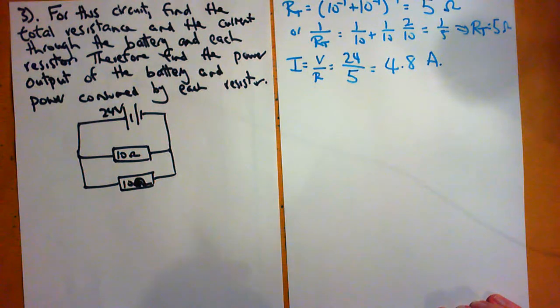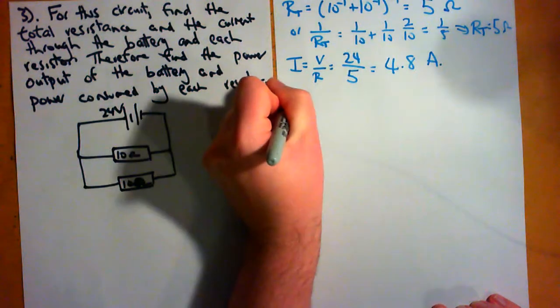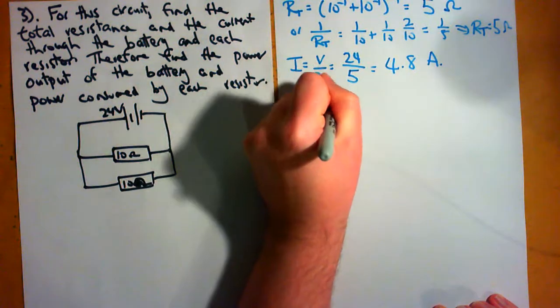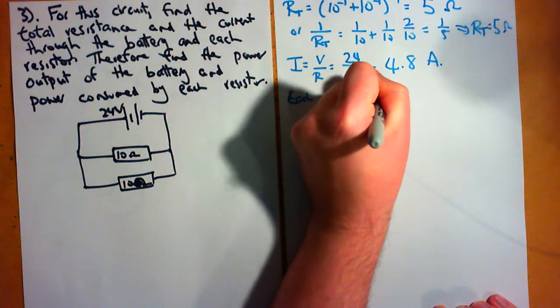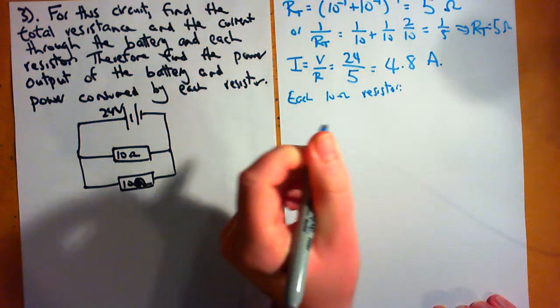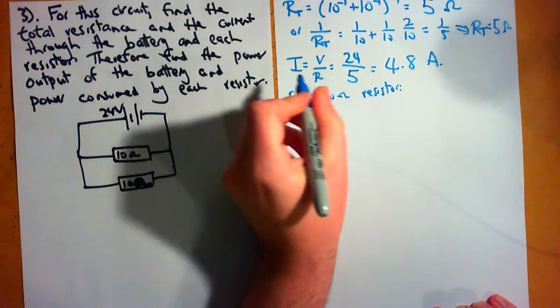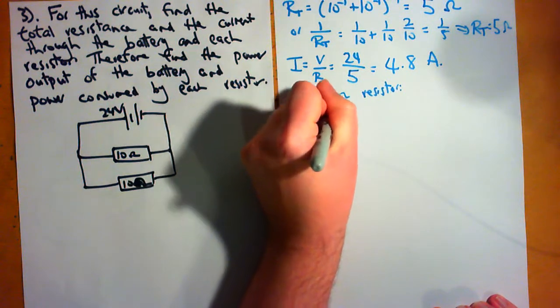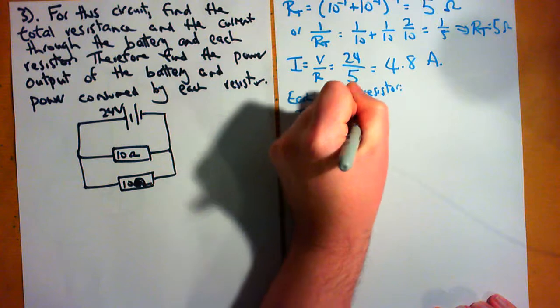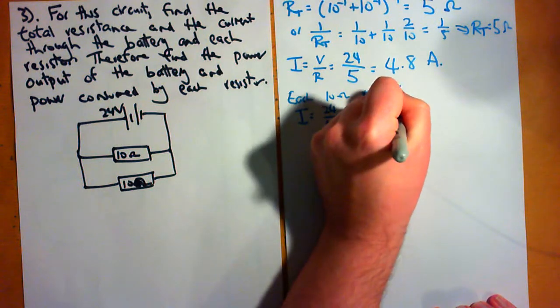So we've got the current through the battery and each 10 ohm resistor. So the current through each resistor is going to be I equals V, which is 24, over 10, which is 2.4 amps.